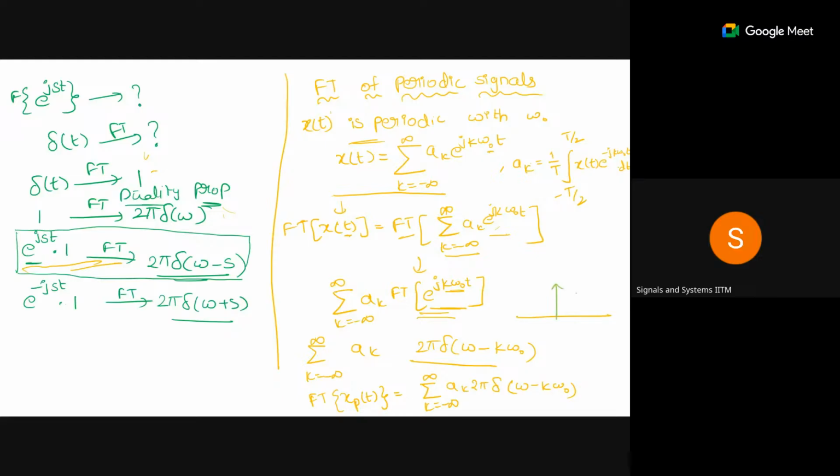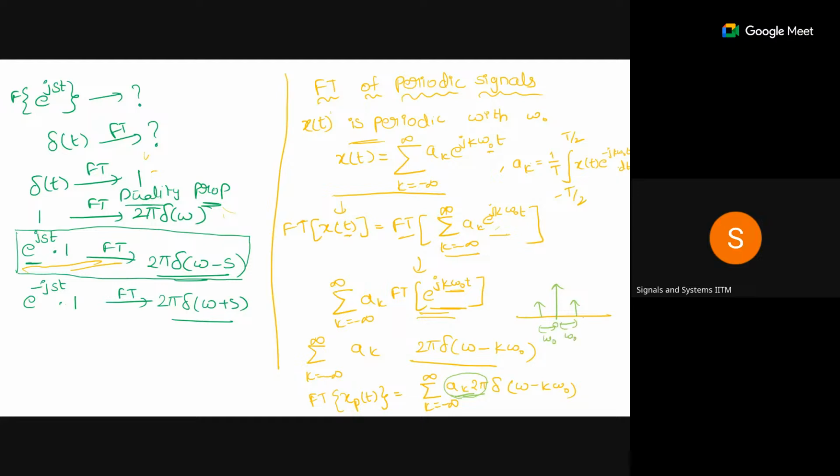It will be the impulse train multiplied with the ak coefficients, like ak times 2 pi. These impulses will be separated by the distance omega naught.